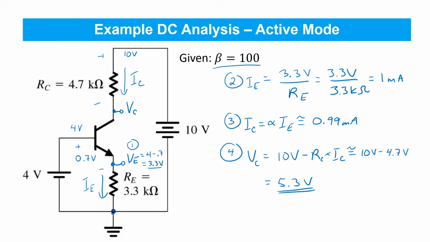So there's the two quantities that we originally set out to find. Finally, if you're interested, you can also straightforwardly calculate the base current that's flowing here. Remember, the base current is simply the collector current over beta, so given the beta is 100, it's going to be about 0.01 milliamps.